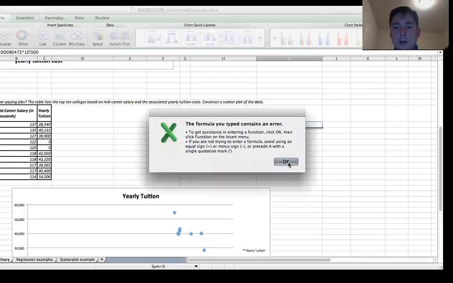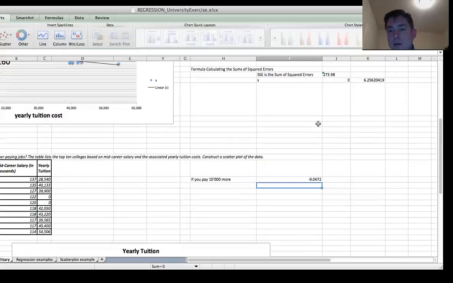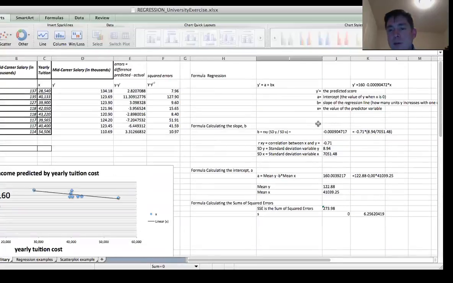Can't do these little ones here. So in the metric that you have in salary here, you should get -9, so minus 9,000. Okay, so you see how that works?